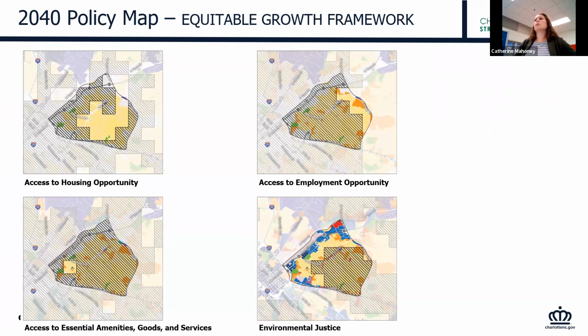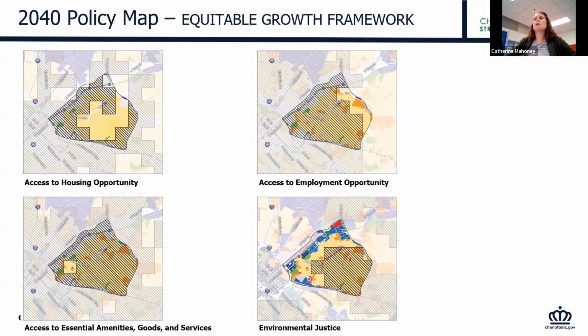In terms of the equitable growth framework, this is the framework that talks about providing access to housing, jobs, goods, and mitigating environmental impacts throughout the community. At quick glance, you can see that this area is pretty well served by the goods and amenities. That's the map on the lower left-hand corner.